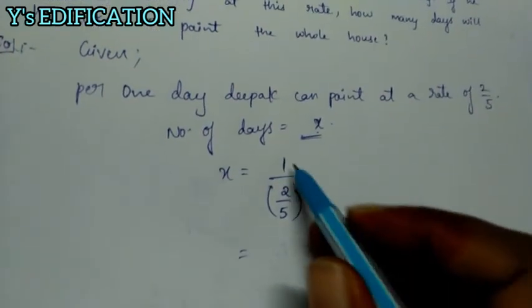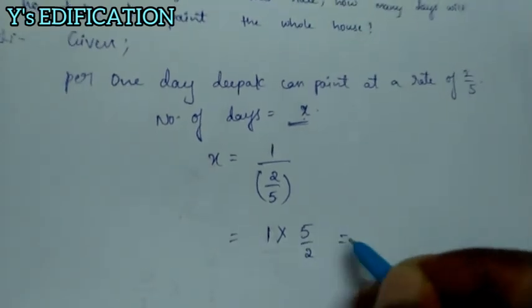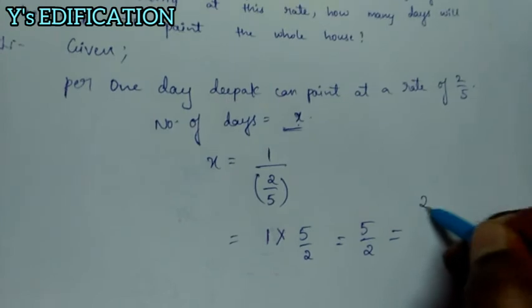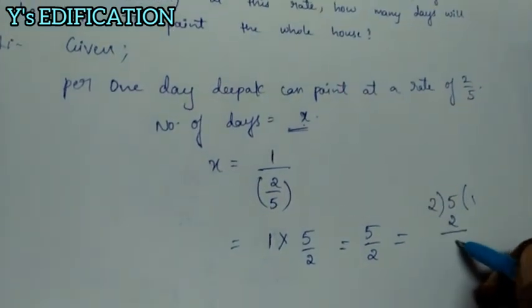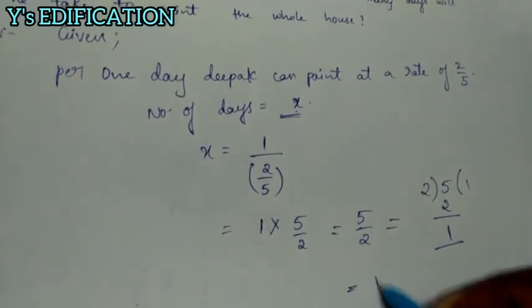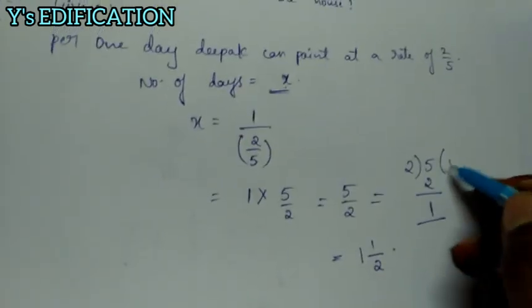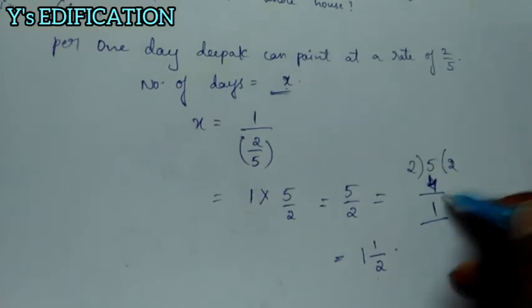So what we have to do, this is a division. So 1 into, this will become 5 by 2. So 1 into 5 is 5 by 2. So what is 5 by 2? Divide 5 by 2. 2 into 2 is 4.